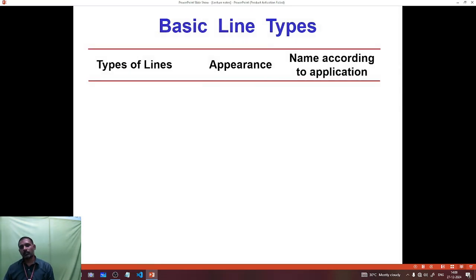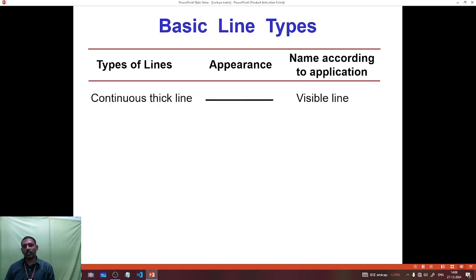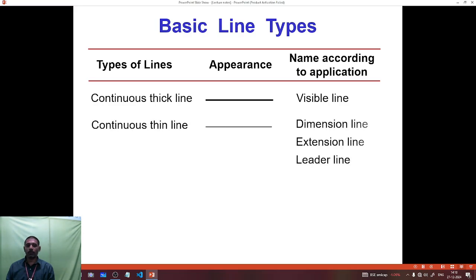So next is the line. Everyone basically knows lines, but engineering drawing classifies them into various categories. The first one is the continuous thick line, which is mostly used in the main diagrams. This line is a visible line.